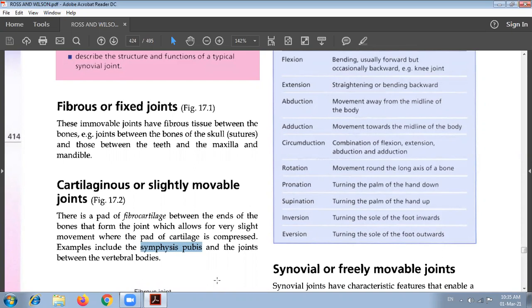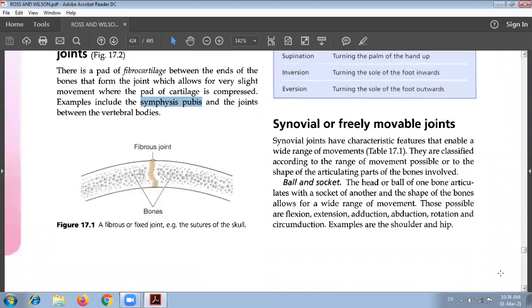The flexibility of the pelvic girdle is due to this cartilaginous joint. In females, the symphysis pubis has a different, broader structure than in males, and the bones are more dilated and have more movement than in males. The next type of joint is the synovial or freely movable joint.